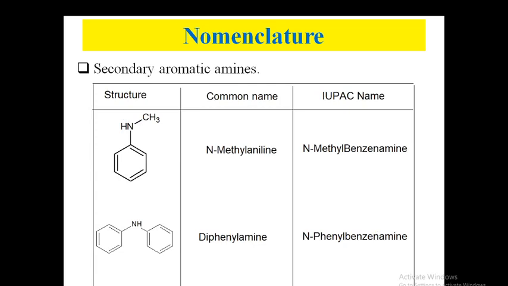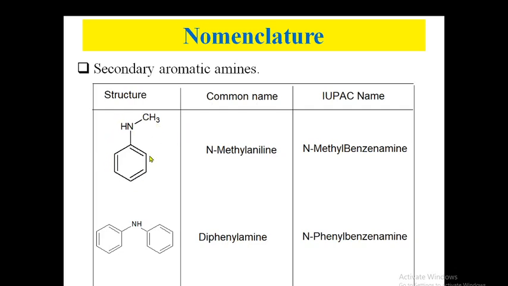Let's take the secondary aromatic amines. The first compound taken here has a methyl group present on the nitrogen of aniline. This is the aniline, and the methyl group is present on the nitrogen, so the common name becomes N-methyl aniline.